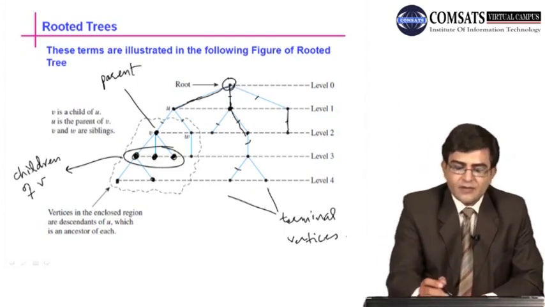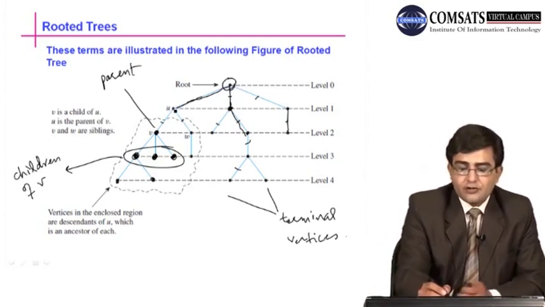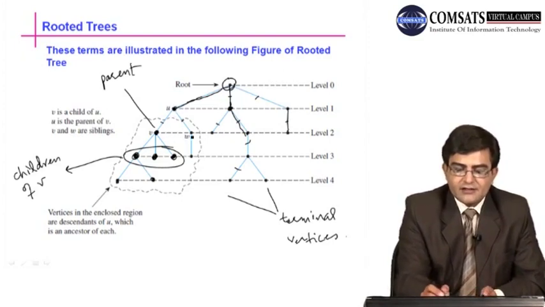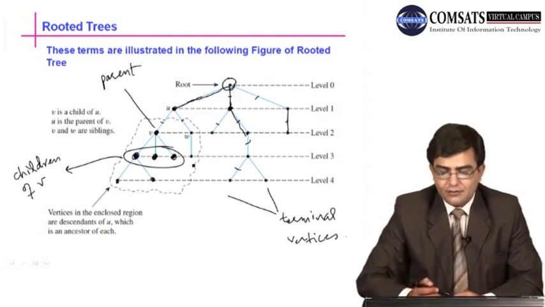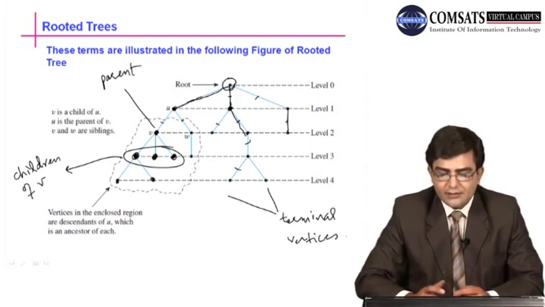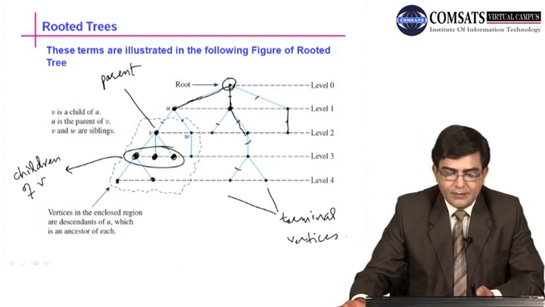Or you can say that if we consider u as an internal vertex, then v and w are children of u, and u is the parent of v and w. So this is how we describe children and parents in a rooted tree.